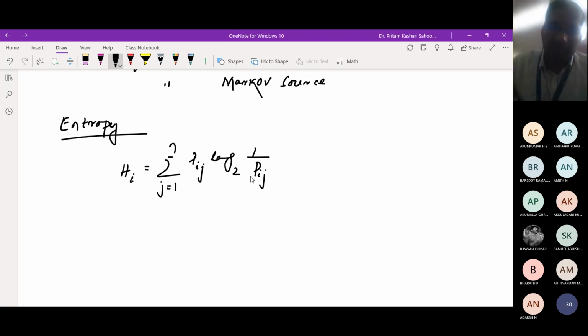Okay, so here let me explain each parameter in this particular expression. Here Hi represents the entropy of the ith state.